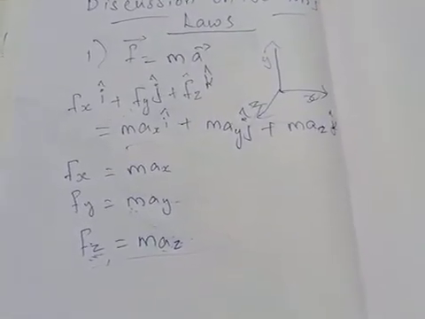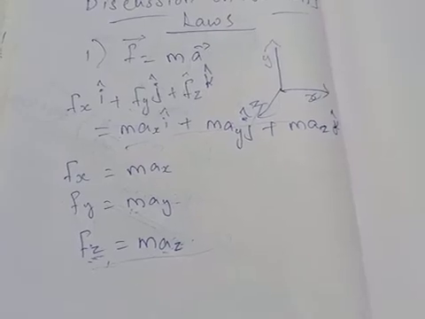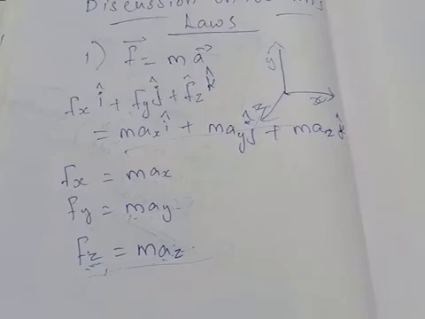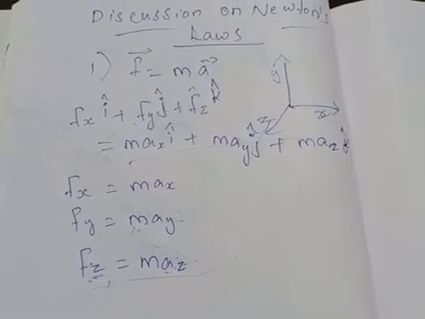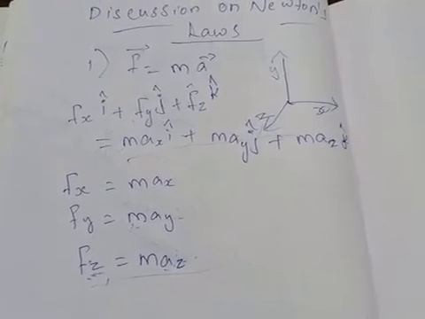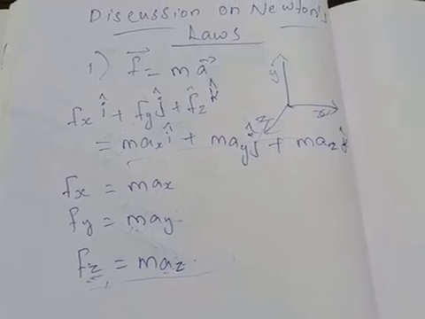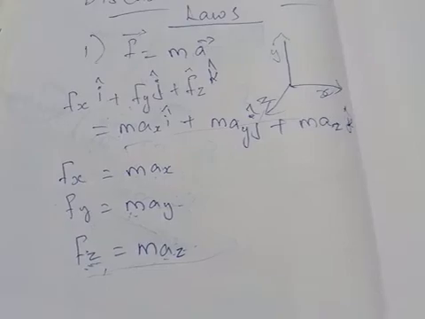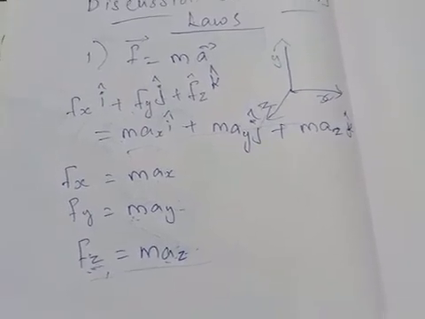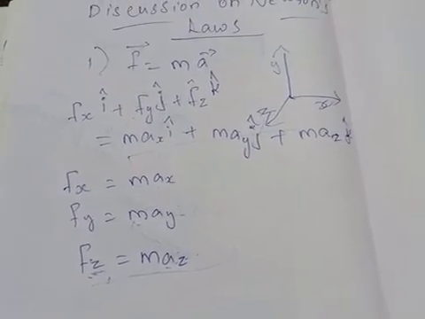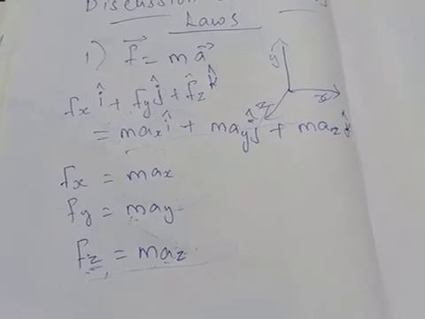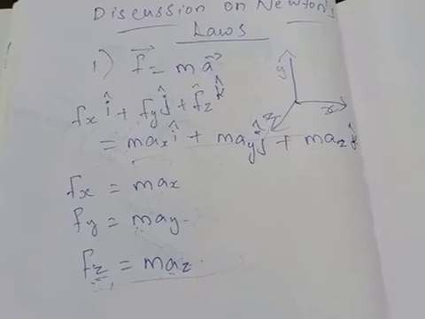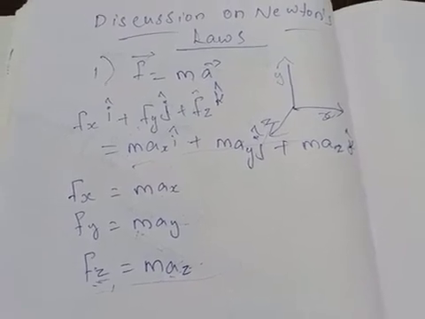So what is the first point? Newton's laws are vector laws. The equation F is equal to ma is a vector equation, and essentially it is equal to three scalar equations. You can write this equation in a Cartesian coordinate system as Fx i plus Fy j plus Fz k unit vector is equal to m ax i plus m ay j plus m az k unit vector.